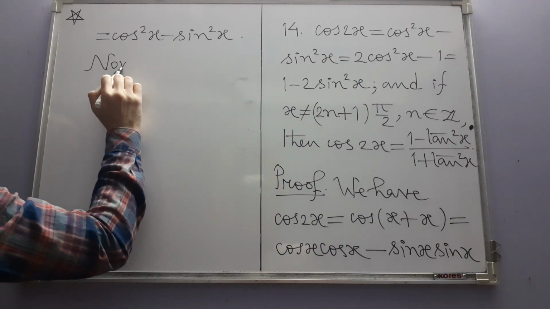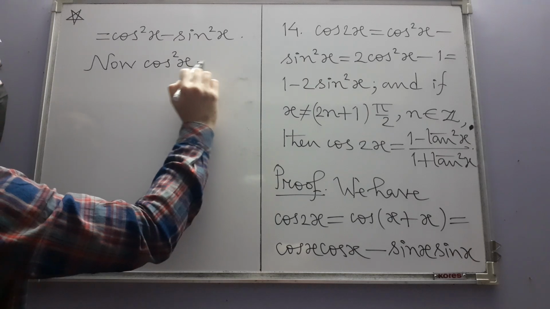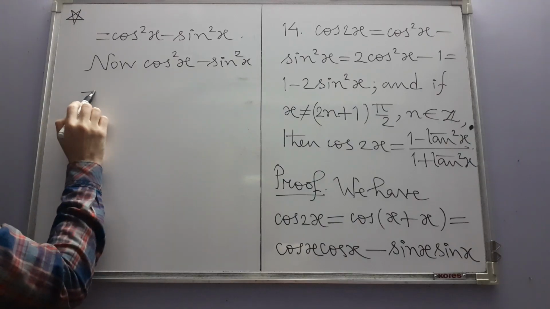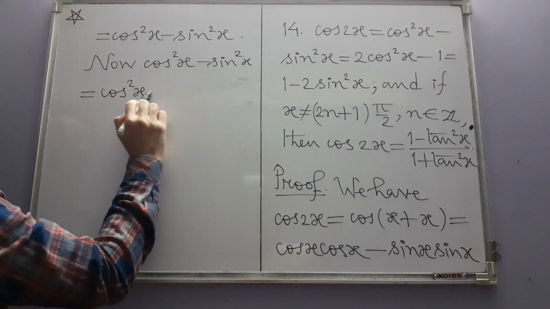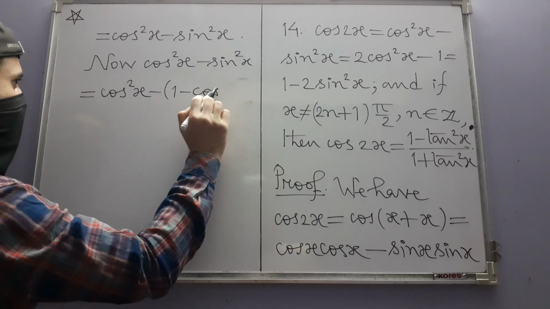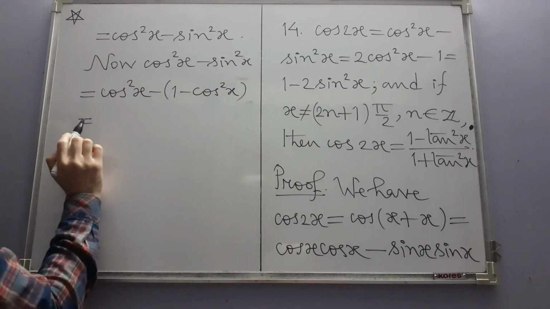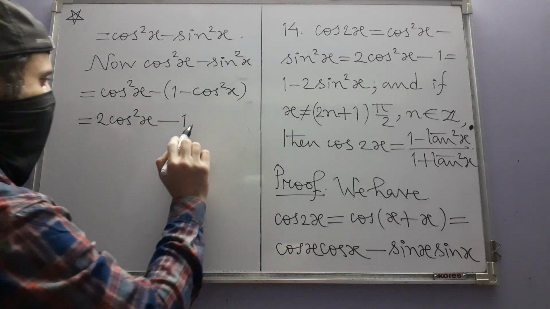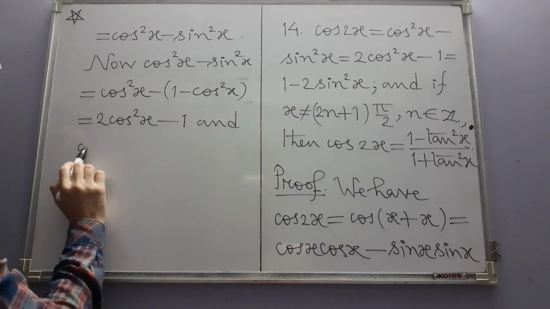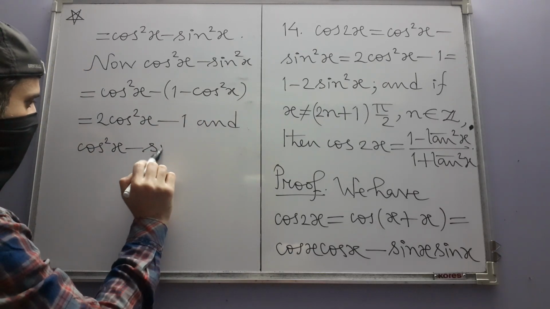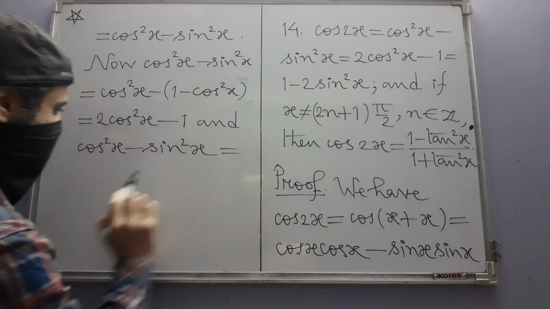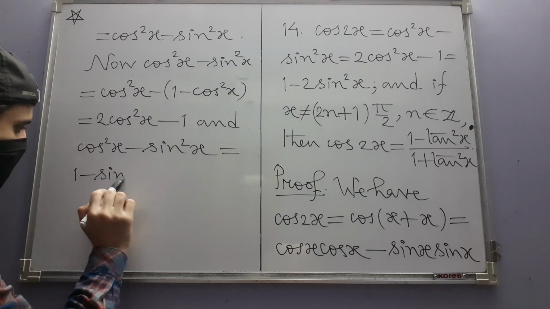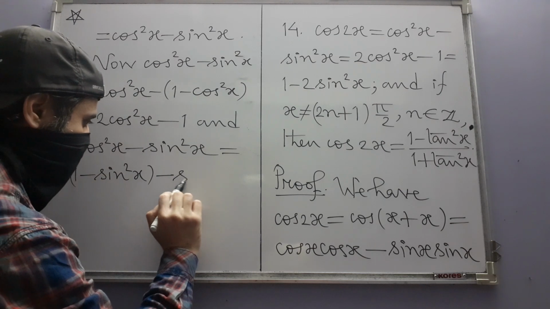Now, cos square x minus sin square x can also be written as cos square x minus this, and this becomes 2 cos square x minus 1, and simultaneously this is equal to 1 minus sine square x minus sine square x.